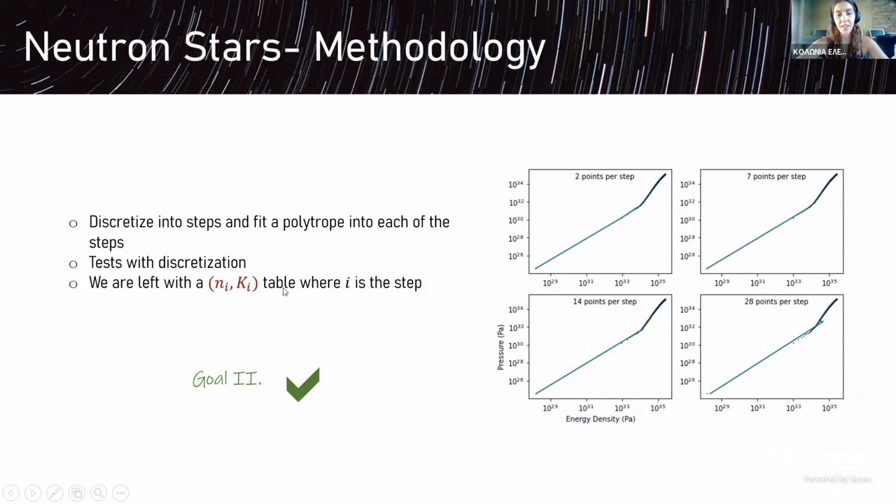So this is a pair that was different for every step i. And we ran some tests with the discretization, and we found out, as you can see here from the chart, that of course more points per step is the best way to go, and it increases the accuracy of the result.